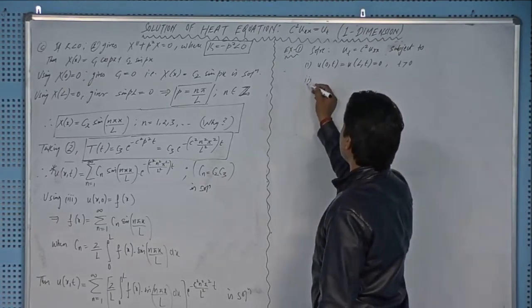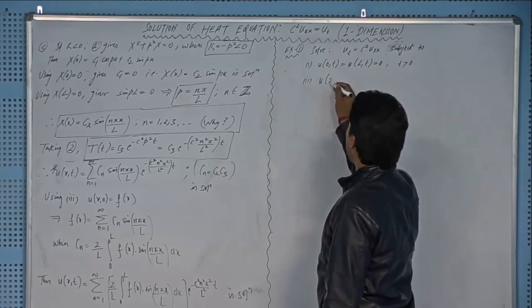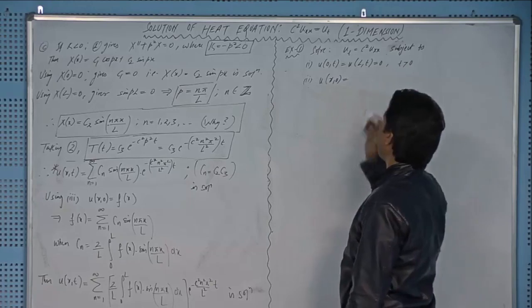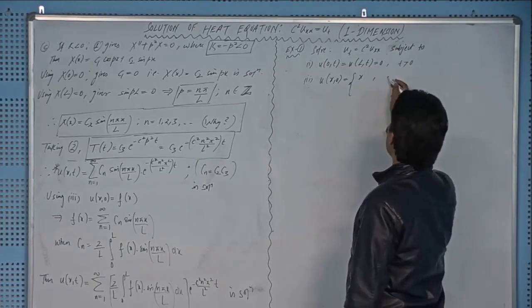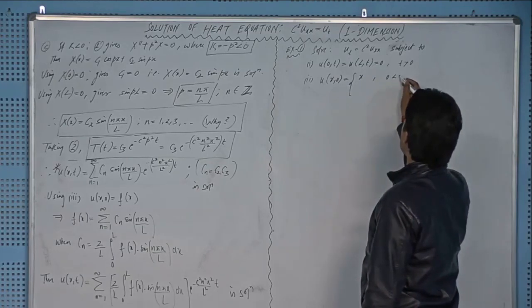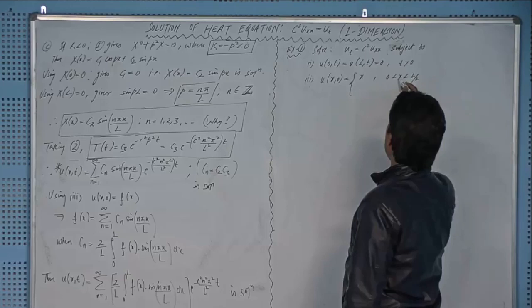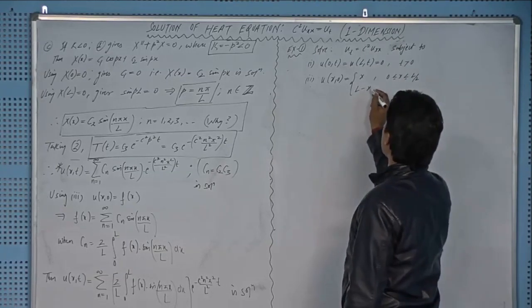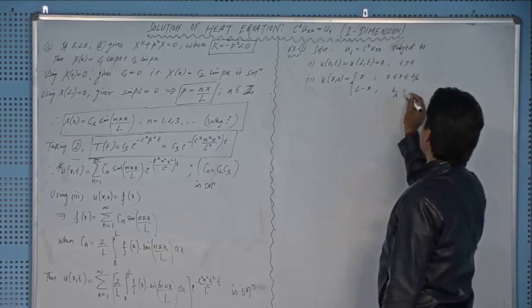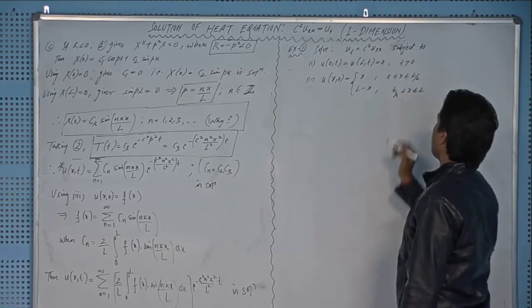And the second condition is this condition, u(x,0) is given by some function, and let me take that function as x for 0 to L by 2, and here L minus x for L by 2 to L, fine.